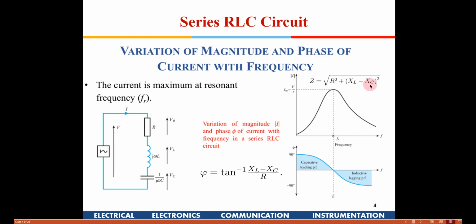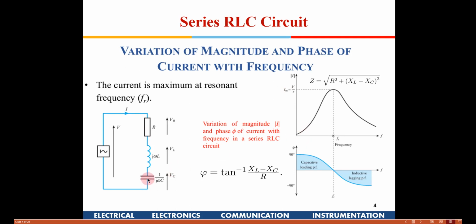L omega is going to be 0, whereas XC, that is 1 by C omega, is going to be infinity, because the capacitive impedance is 1 by j C omega, so omega is in the denominator. So at DC or close to DC, this offers an infinite impedance, so there won't be any current. The impedance is very high here.